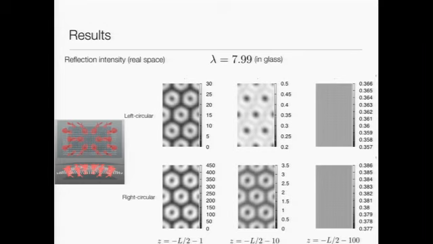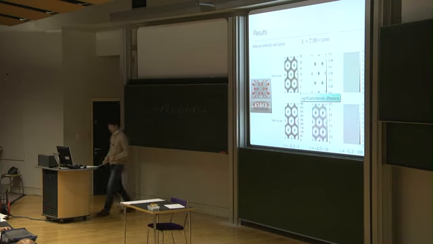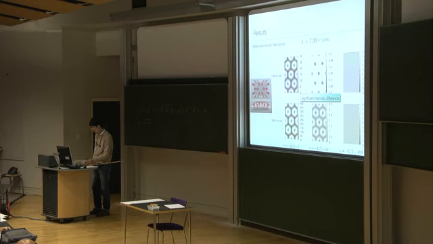Just by looking at these figures, the intensity profile looks very similar. But please pay attention to the scale of these two graphs, which differ by one order of magnitude. That means we have a significant intensity difference between the response to left circular light and right circular light.